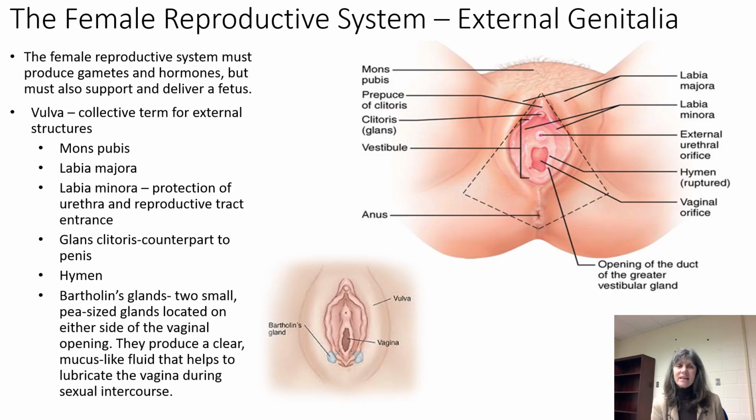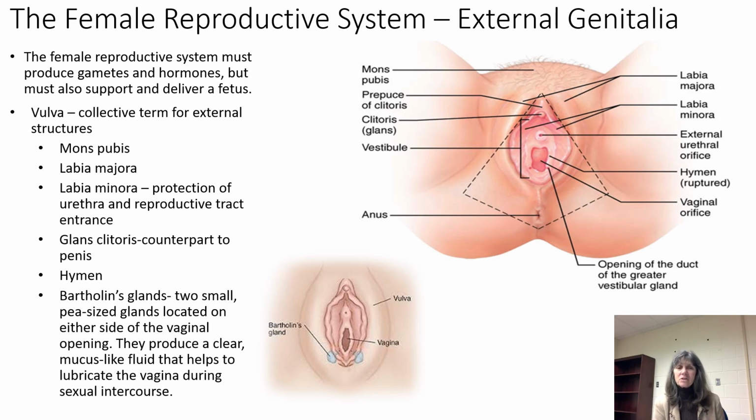Now there is an inner structure, the labia minora, which protect the urethra, protect the vaginal orifice. And if we look from the labia minora just inferior to the clitoris, going down to the posterior aspect of the labia minora, that area is referred to as the vestibule. That's a doorway. And the vestibule includes the area where the external urethral orifice is found.